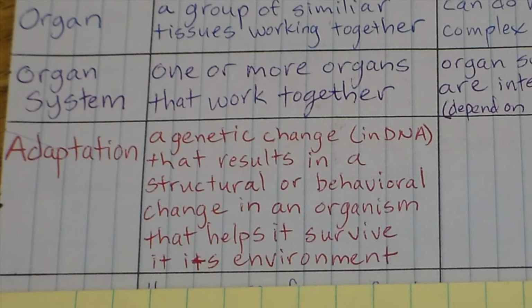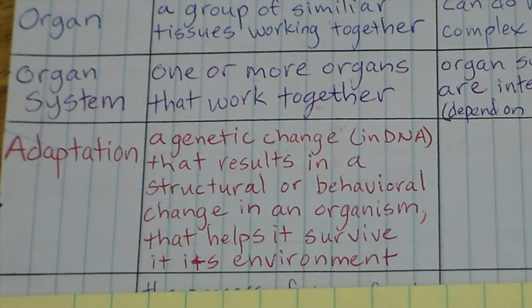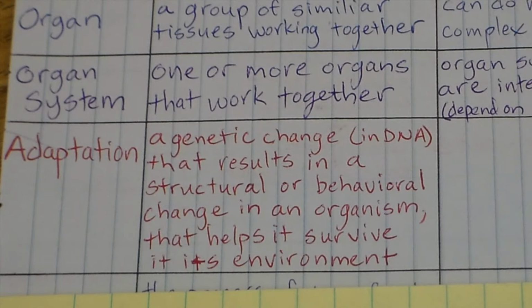So an adaptation is a genetic change that results in a structural or behavioral change in an organism that helps it survive in its environment. I also realized I need a little comma there to separate off that phrase. So it's something that helps an organism survive in its environment, and it is a genetic change.